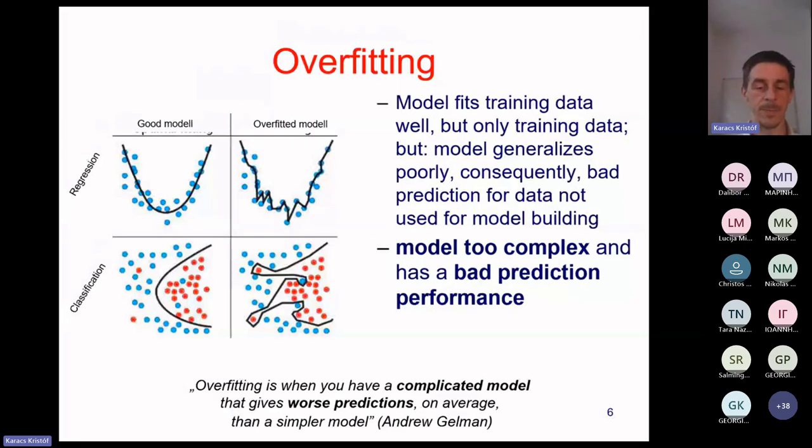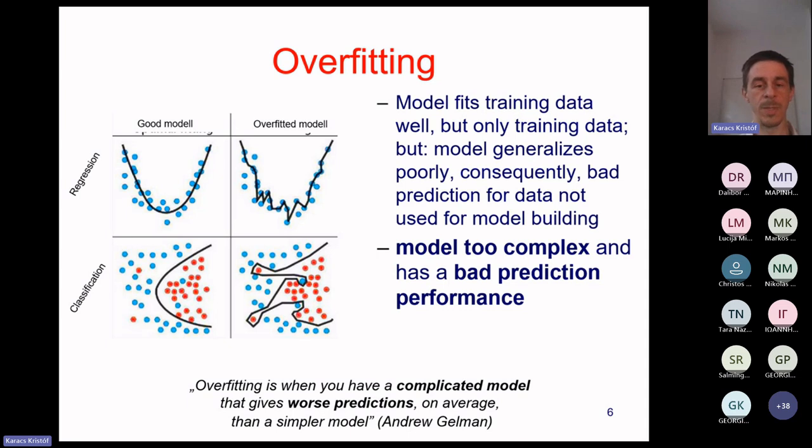Another one is the phenomenon of overfitting, which some of you might be familiar with, and we already mentioned both yesterday and the day before that. This basically just corresponds to how complex a model is.